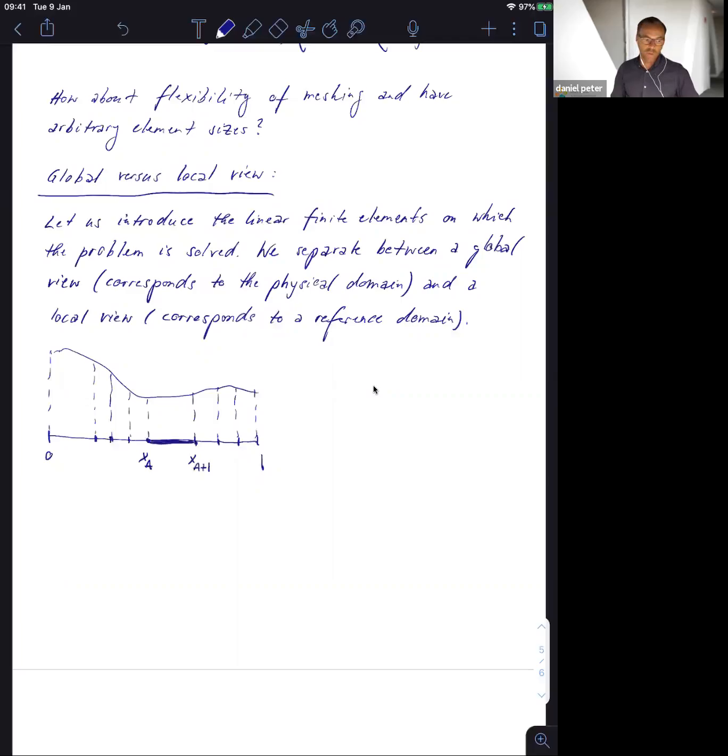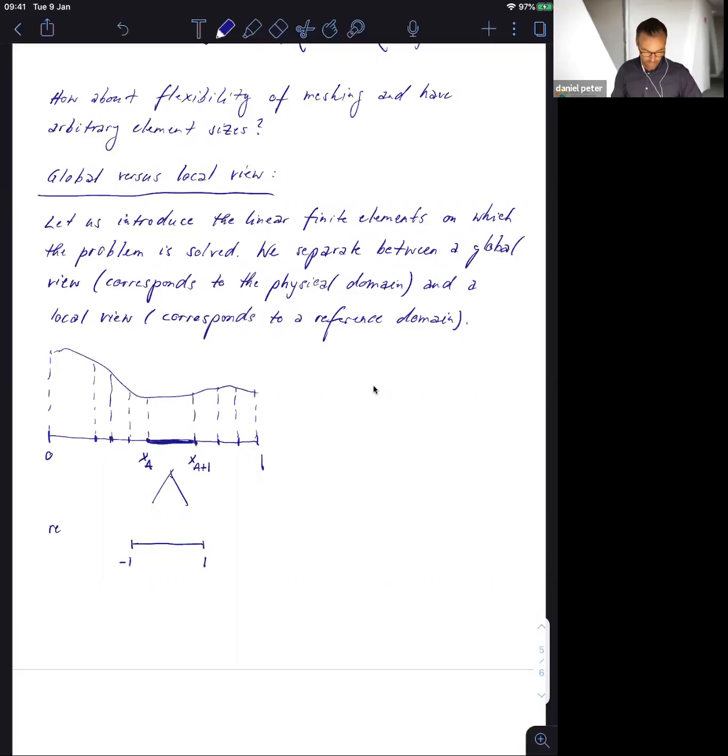Now we're going to map each element to a reference element, a mapping to a reference element, which, let's define, always goes from -1 to 1.